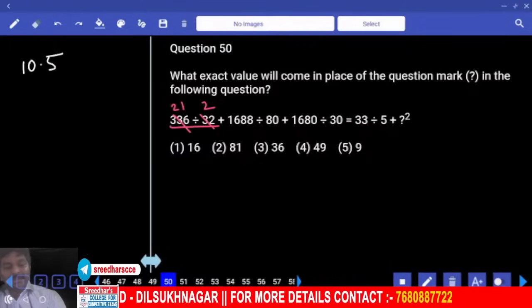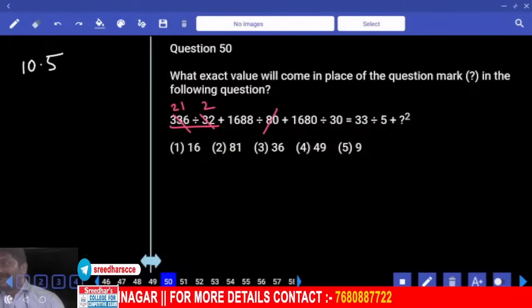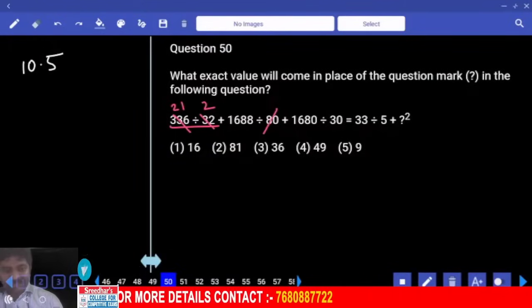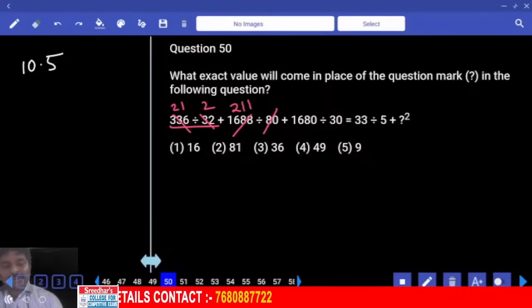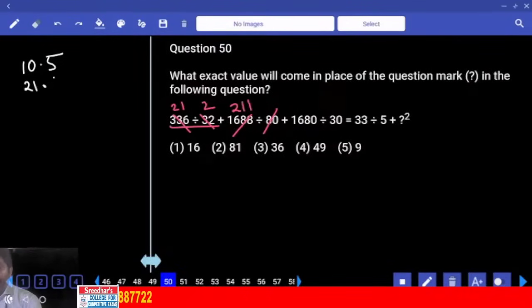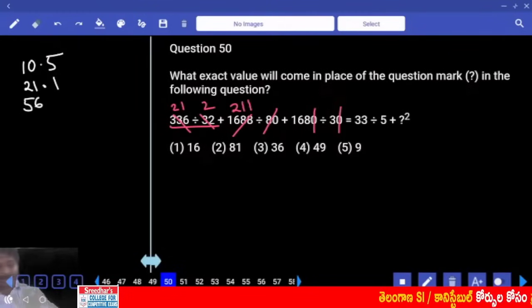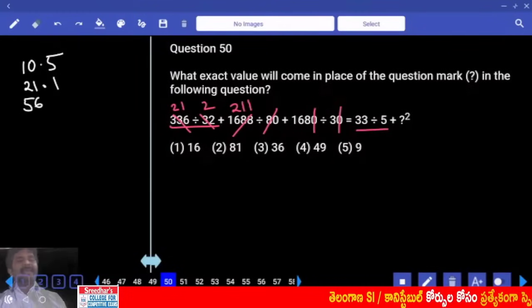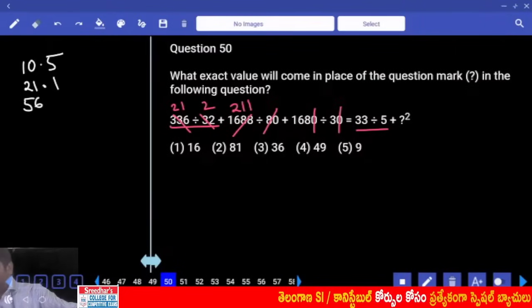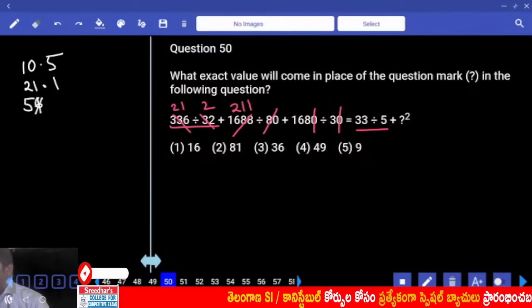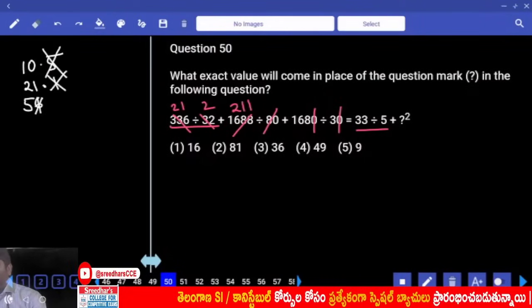Okay. Now keep 10 as it is in the denominator, cancellation with 8, 211 divided by 10, 21.1. The 0 gets cancelled, 56 times. Correct? On the right hand side we have 6.6. 6 I will take from here, 0.6 I will take from here.